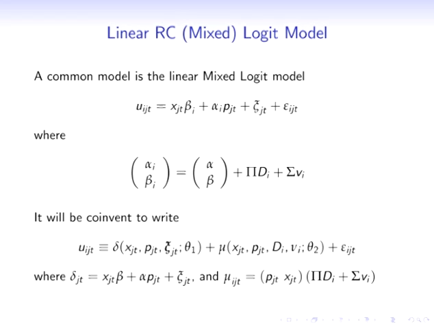Now, a common model, a model that's used a lot, and the one I'm going to use for this lecture and for most of our lectures, is often called a random coefficients Logit model or mixed Logit model. That's a particular specification.